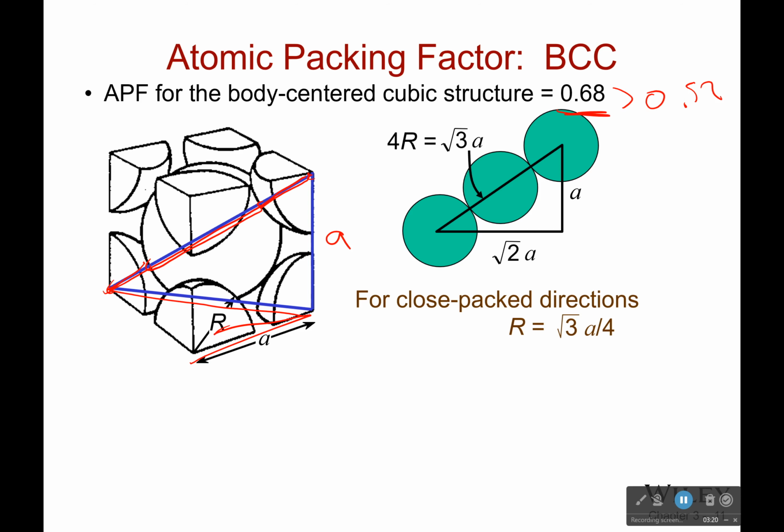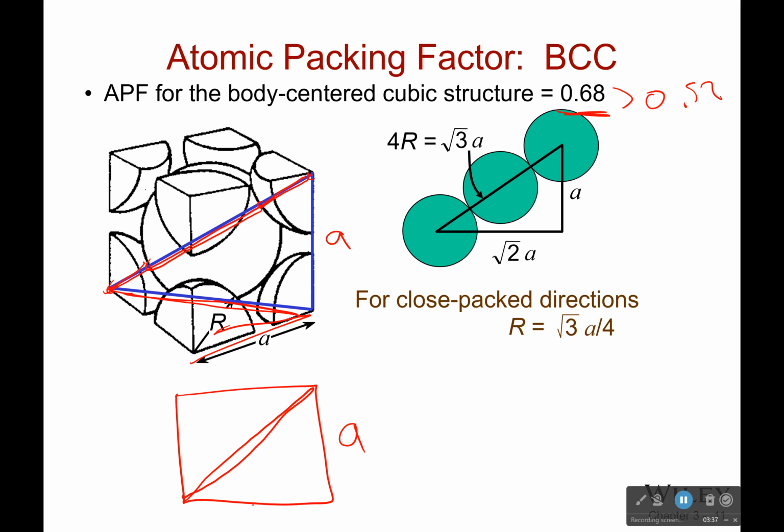Well, let's look at it from the top. So I'm going to redraw this from the top. If I look at it from the top, what I see is the following. This is the diagonal line. I'm looking straight down on top of it.